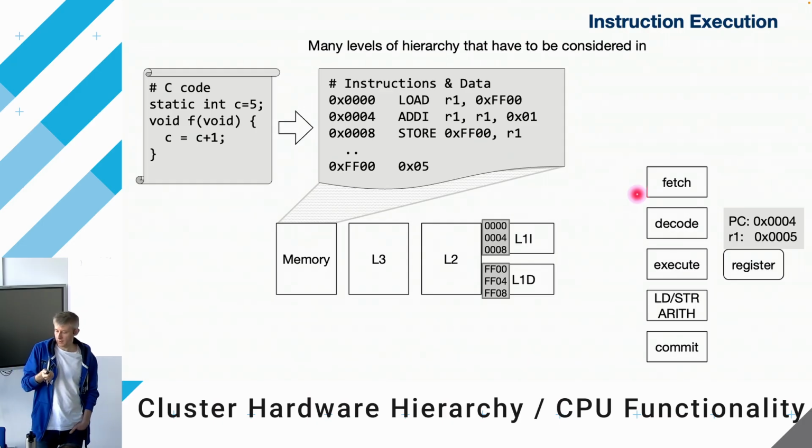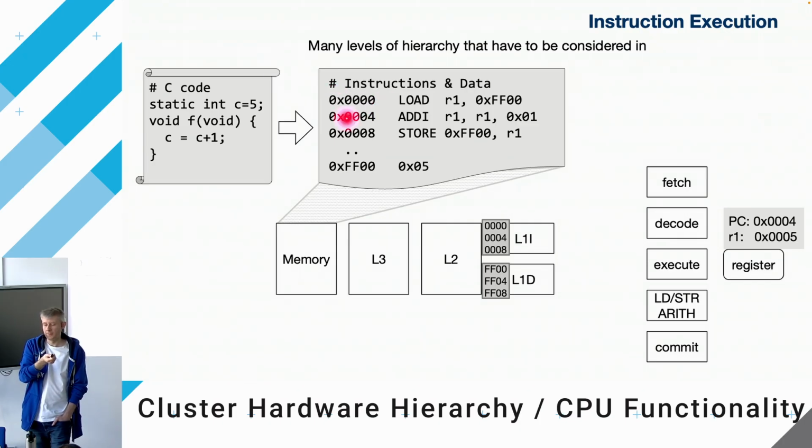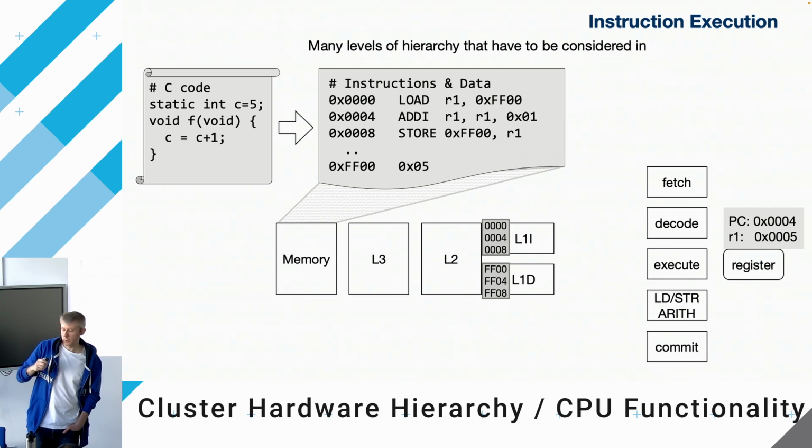So the next, in this little model CPU, so this is not a real CPU architecture, and instruction sets are more complicated. Here I'm simply assuming that one instruction is encoded in 4 bytes. So the next address is 4, and this is why the program counter simply went to 4.